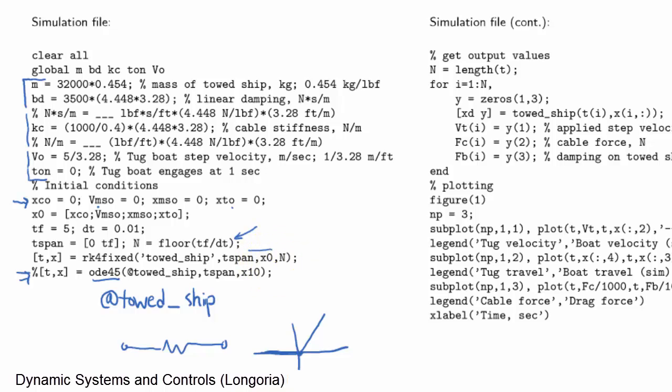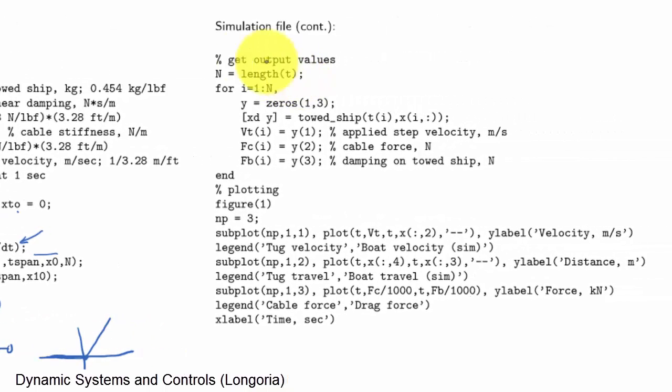Okay, now the one step that's new and different from some of the simpler examples we went through before. You recall that in the system function file, I defined some output variables. And the output variables that I wanted to know about from the simulation are listed here.